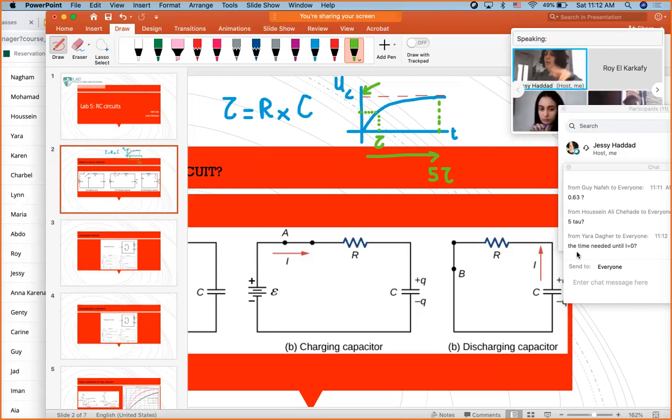All right, so if you measure the time needed until the current goes to 0, this would give you tau, right, Yara? It would give you 5 taus actually, because the current would go to 0 and the charging process is over. Yes, and then you divide by 5. This is also an excellent experimental method to find tau.